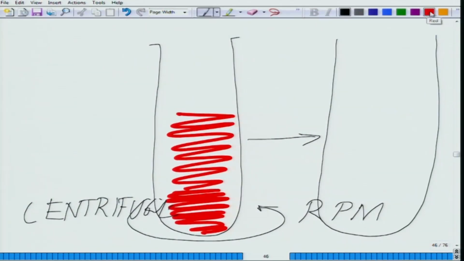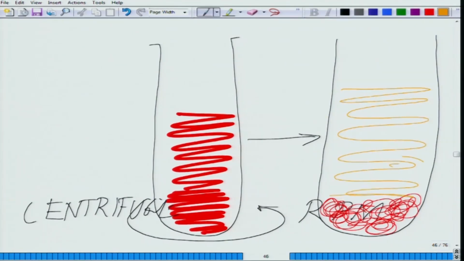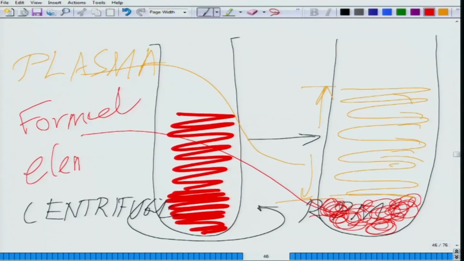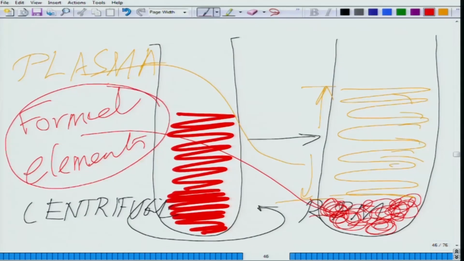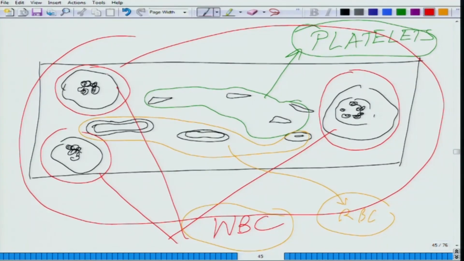So, here you have a lot of solid component, and here you have a lot of fluid component. This fluid component which you separate out is called plasma, and this cellular component is technically called formed elements, and these formed elements are nothing but what I showed you here: WBCs, RBCs and platelets.